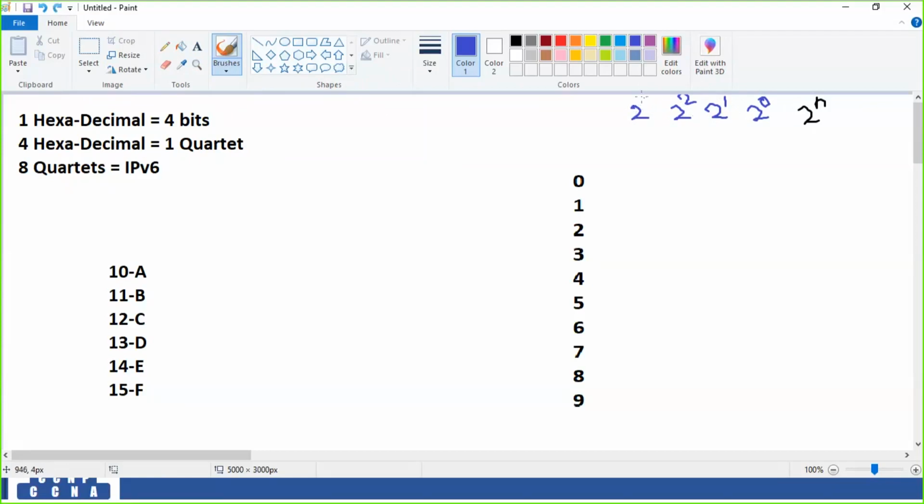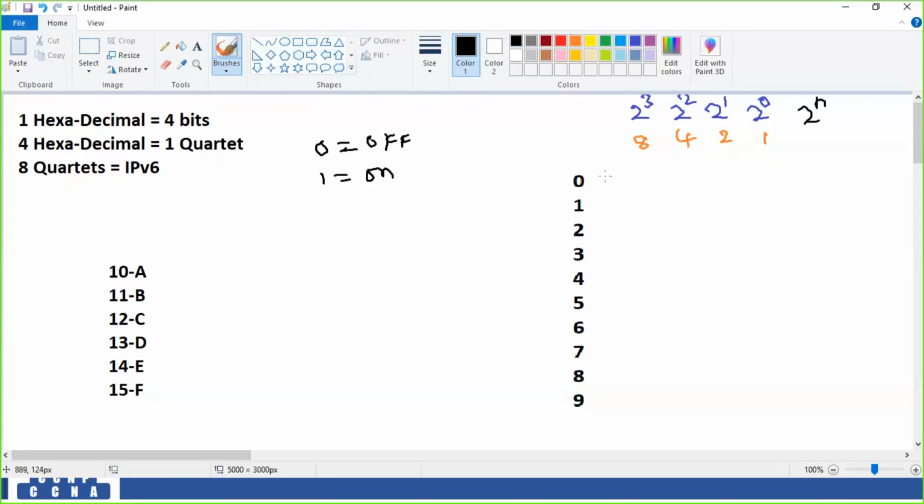The values are 1, 2, 4, 8. 0 indicates off, 1 indicates on.